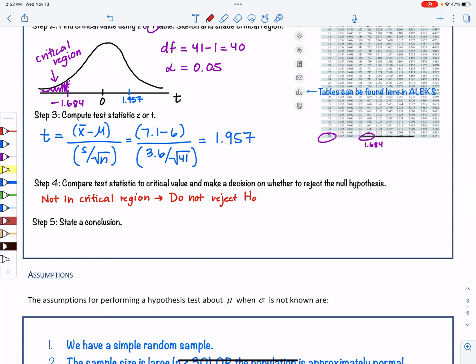All right, and then we know how we interpret that information, how we state our conclusion. If we're able to reject, then we can conclude what's in the alternate.